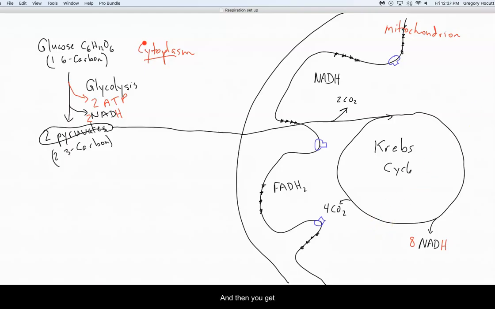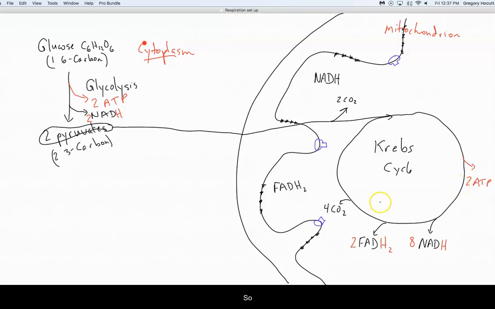And then you get 2 more alphabet soup molecules, which are FADH2, and again, energy is associated with the protons and electrons of the hydrogens on this molecule. And you get 2 of those. And you also, at some point, you get another 2 ATP.